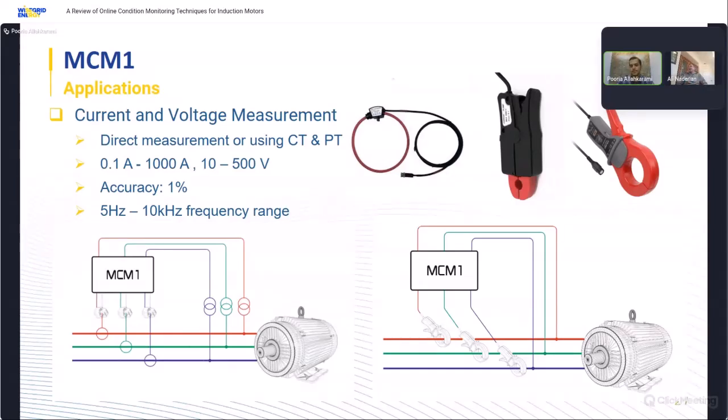So is it safe to say, MCM1, obviously there are a lot of features on it, but if you want a very advanced or high harmonic content measurement, then MCM1 is not the tool.